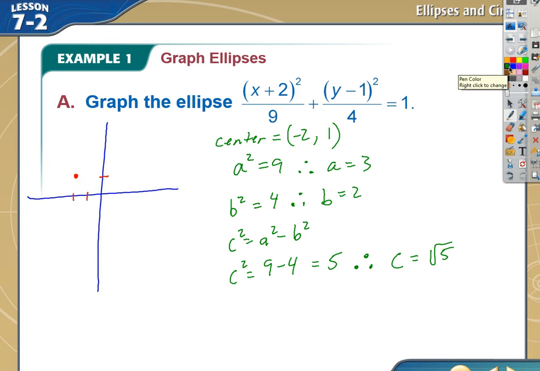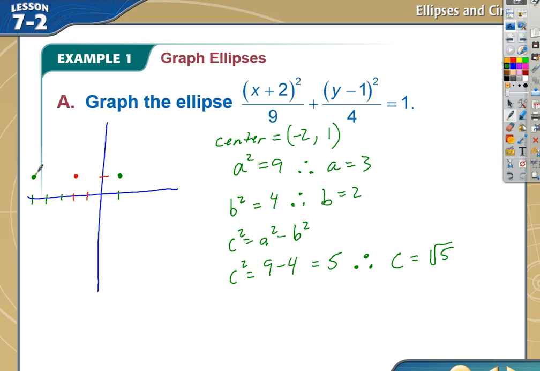And this is going to take me to my vertex on my major axis. So I count over 1, 2, 3. There's that endpoint. 1, 2, 3. There's that endpoint. And those are the two vertices on the major axis.